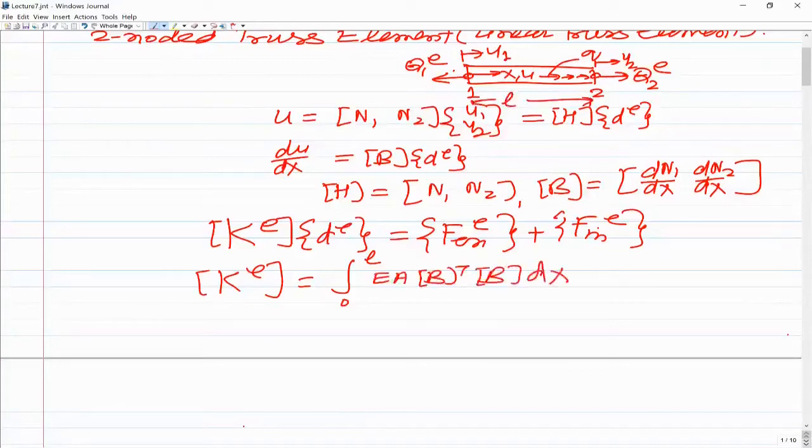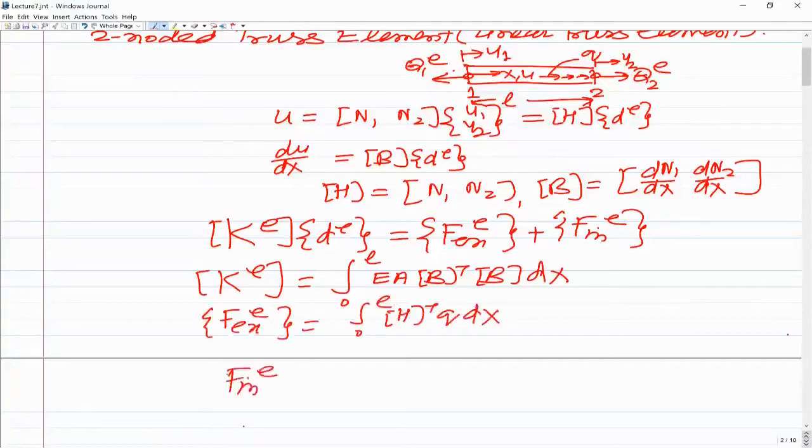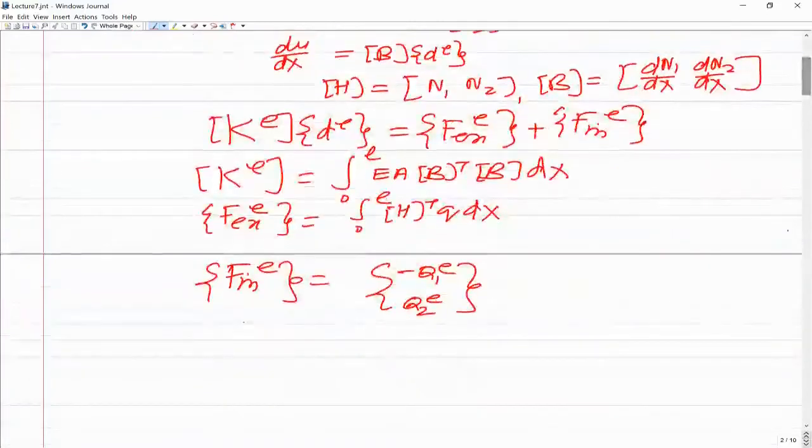F external for the element was defined as the integral from 0 to L of H transpose q dx, and f internal for the element was minus q1e and q2e. I am just summarizing what we have already done. So we basically developed this element level governing equation.